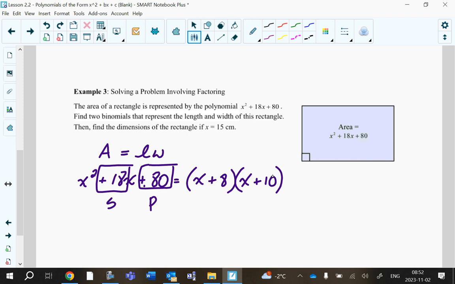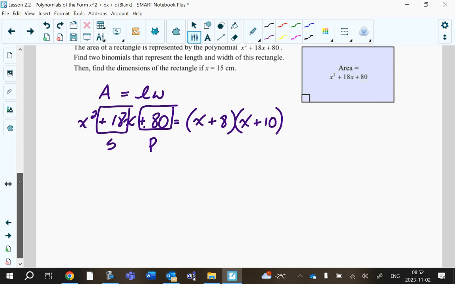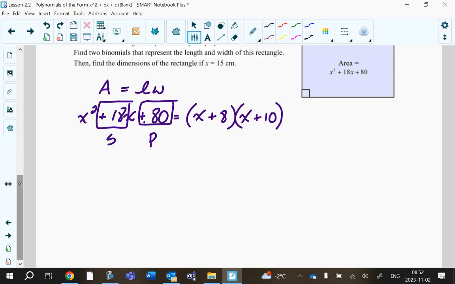So that means it's going to be x plus 8 times x plus 10, or x plus 10 times x plus 8. Either is correct. We could call this the length, this the width, or this the length and this the width. It doesn't matter. But we actually have to find the dimensions. We're told that x is 15.